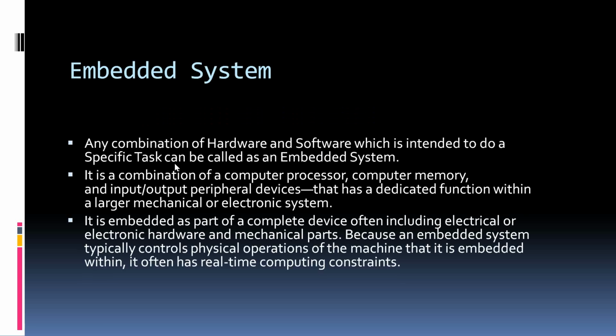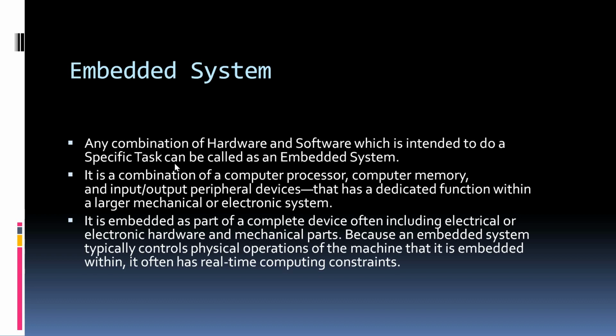What is embedded system? Embedded system is any combination of hardware and software which is intended to do a specific task. It is a combination of computer processor, computer memory, input output peripheral devices that has dedicated functions within a larger mechanical and electronic system.